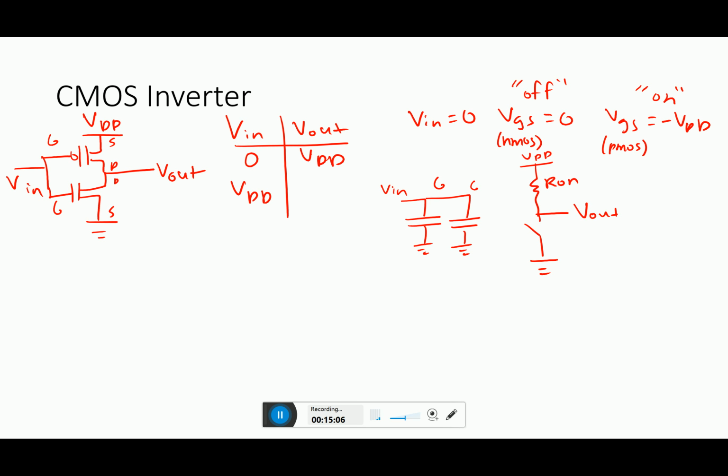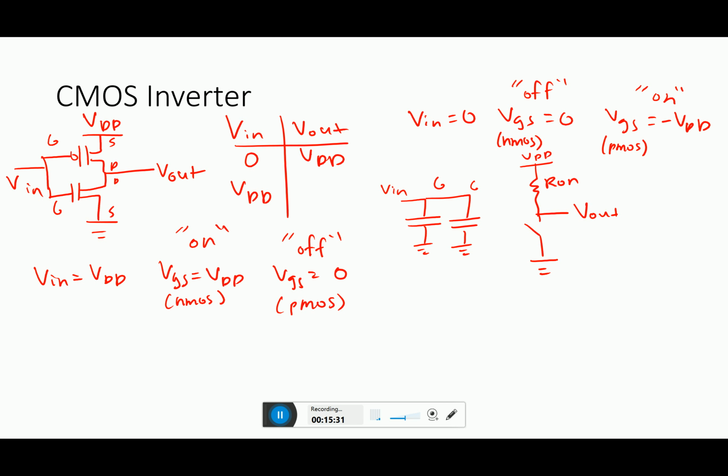Okay. So how about Vin equal to VDD? In this case, VGS equals VDD for the NMOS, and VGS equals 0 for the PMOS. So we have the PMOS being off and the NMOS being on. So what does that look like?